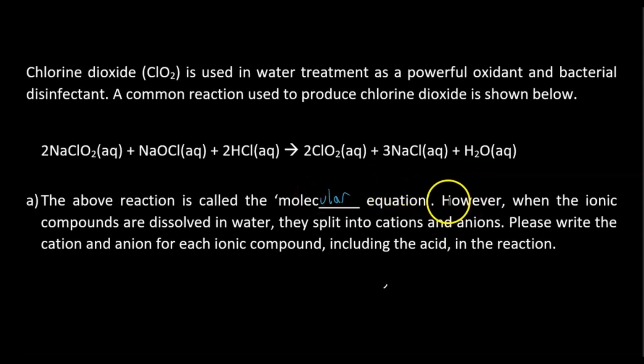Now, we'll continue. When ionic compounds are dissolved in water, they split into cations and anions, that's positive charges and negative charges. Please write the cation and anion for each ionic compound, including the acid, in the reaction. So if we look here, this is sodium chlorite, NaClO2.